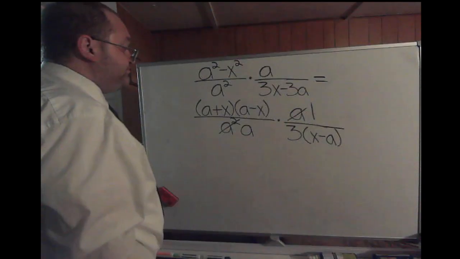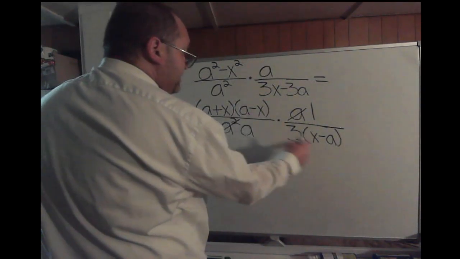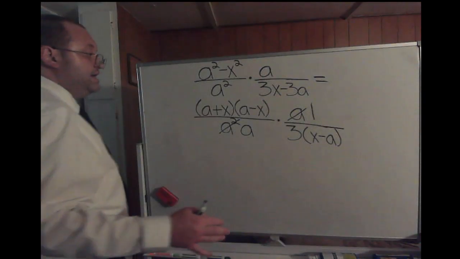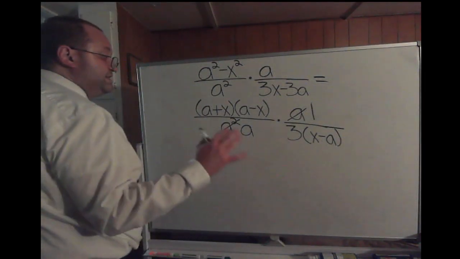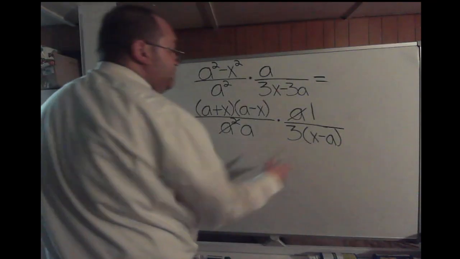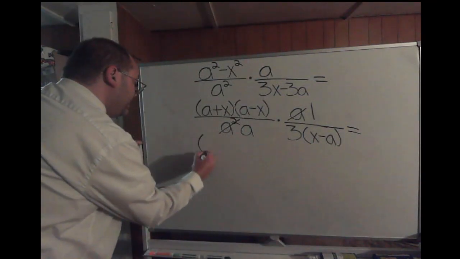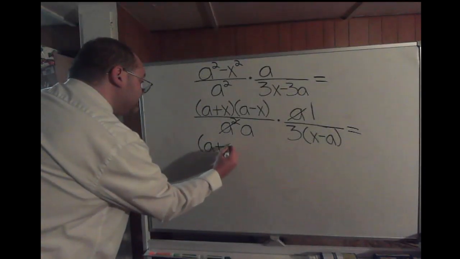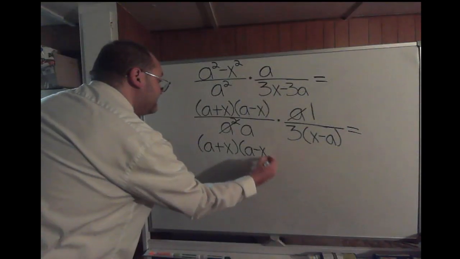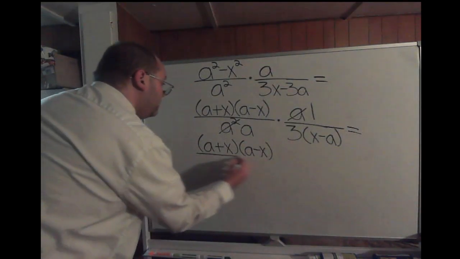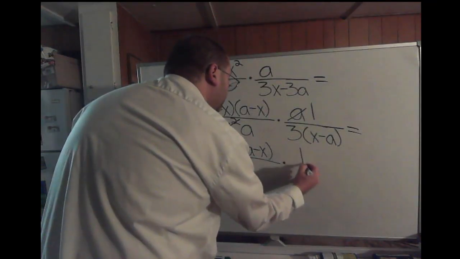Okay, so the closest other factors we have are a minus x and x minus a. If you factor out a negative 1 in the 3 times the quantity of x minus a, you can turn that into a minus x. So what we're going to do here, you're going to have a plus x times the quantity of a minus x all over a times the 1.